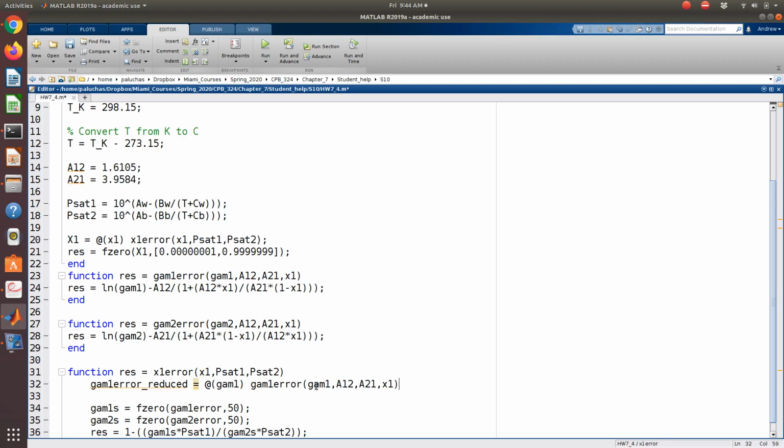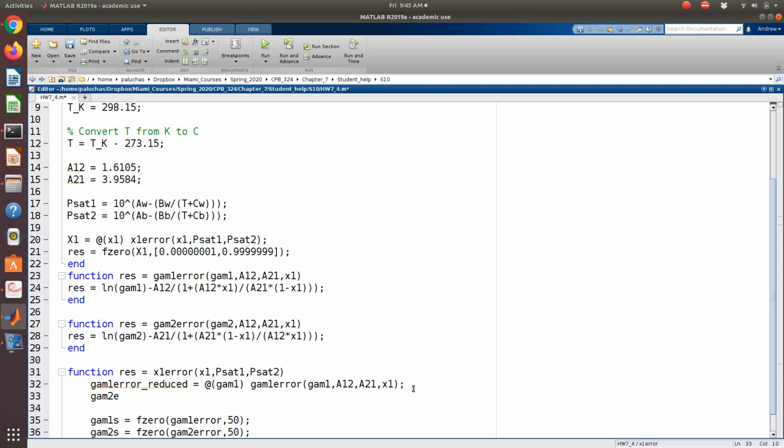So gam1 error has gam1, A12, A21, and X1 all as inputs, right? But what I want to do is reduce it so that gam1 is the only input, so that I can use F0 with this error function to solve for gam1, so that that error function returns a value of 0.